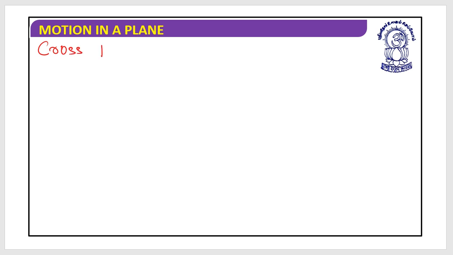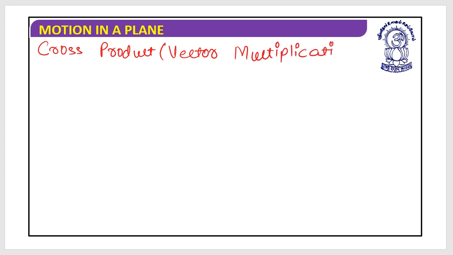The cross product, or we can say it's a vector multiplication of two vectors. Cross product is a vector multiplication of two vectors.